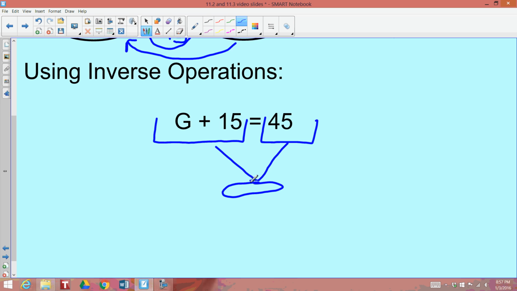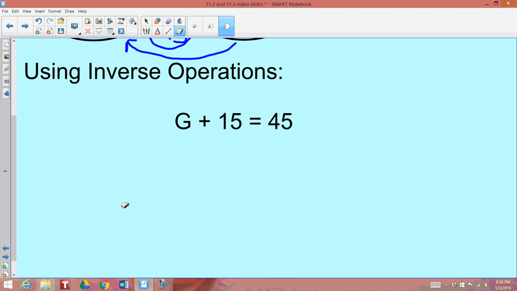Well, 45 minus 15 is 30. So if I wanted to isolate G, if I wanted to get G alone, I would take these 15 away. But in what you do on one side, because if this is a balance scale and there's 15 apples on one side, if I take 15 off, I have to do the same thing to the other side.